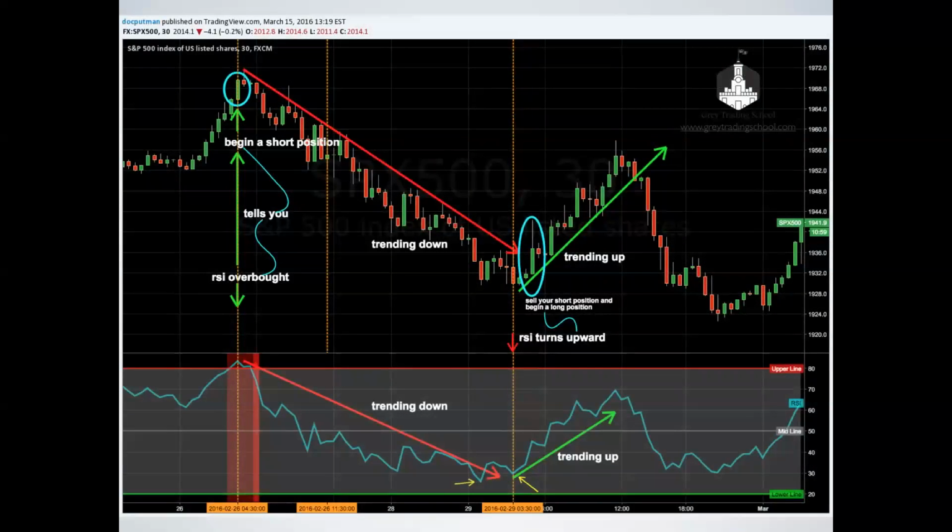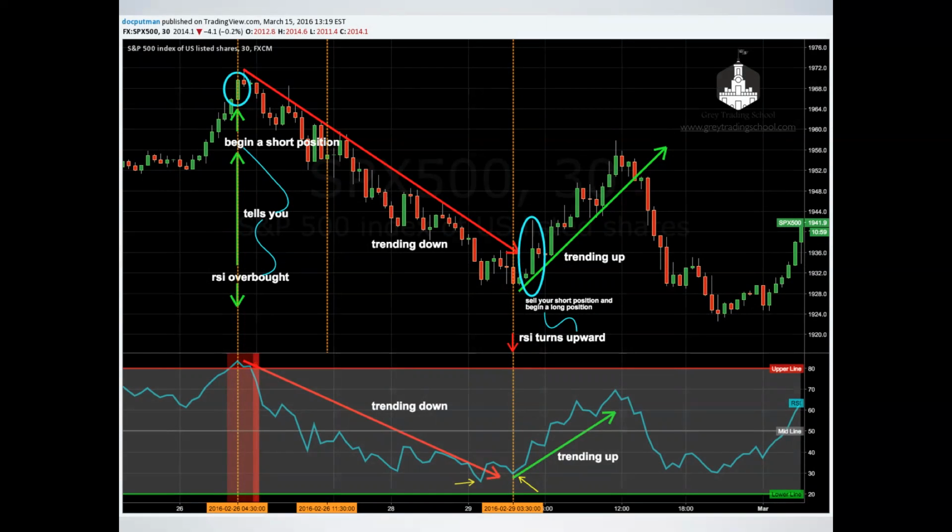When RSI is overbought, it gives you an indication that maybe it's time to begin a short position. You'll see that RSI is trending down and creating lower highs and lower lows. And when you look up at the price action of the chart, you'll also note that it's trending down with RSI.